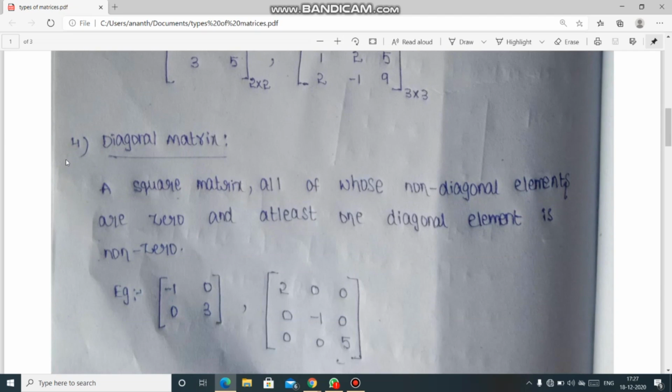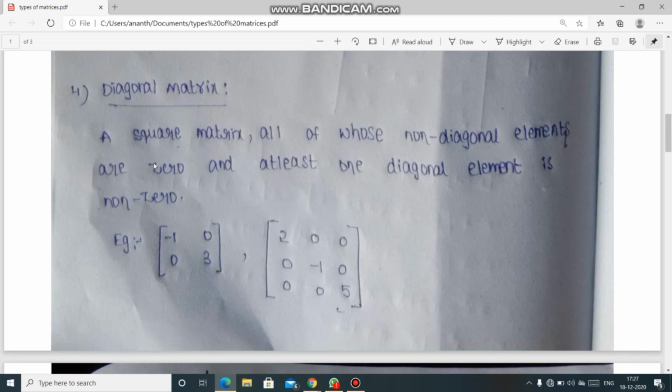The fourth one, diagonal matrix. A diagonal matrix must be a square matrix. So here, minus 1 and 3 are diagonal elements and the remaining zeros are non-diagonal elements.